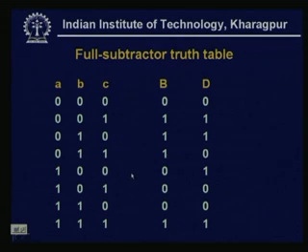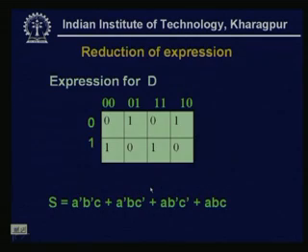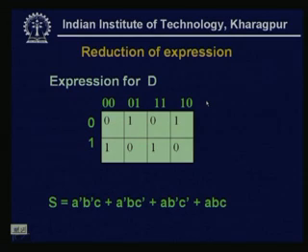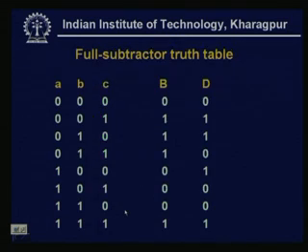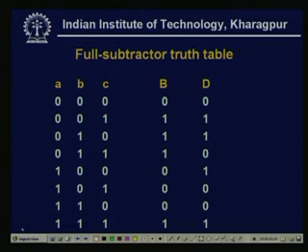Now, again in the same way we will draw two Karnaugh maps for two outputs, one for the difference D and another for the borrow B. So, when we write the expression for D, the minterms that exist are for 001, which means decimal 1, then 2, then 4 and then 7.